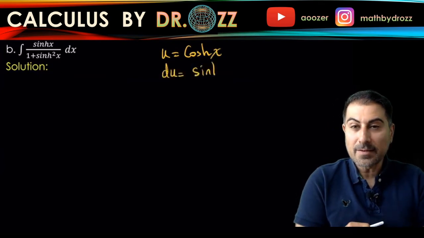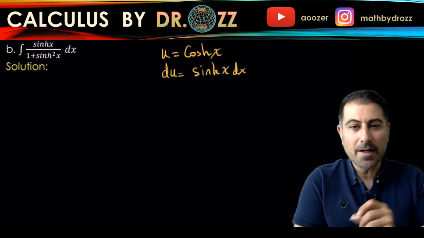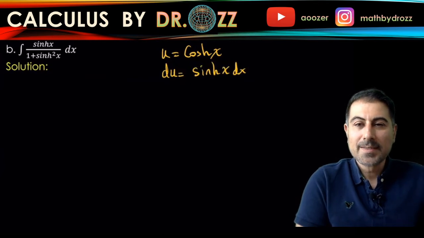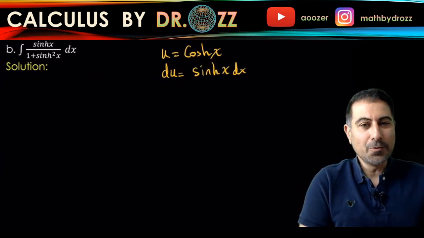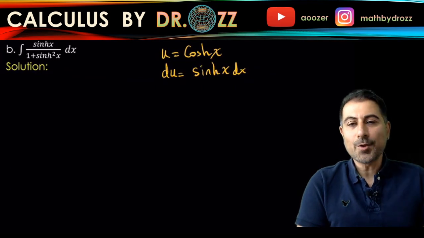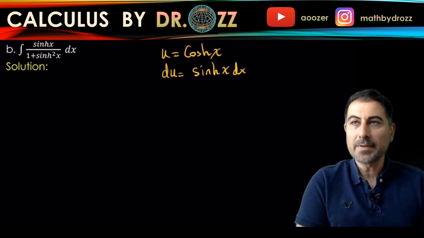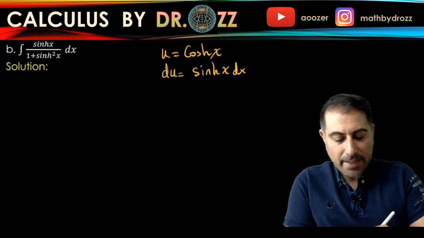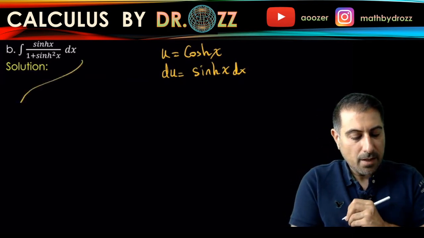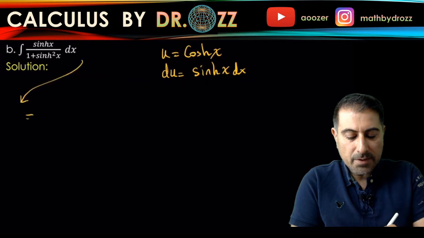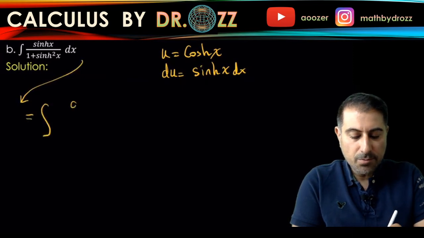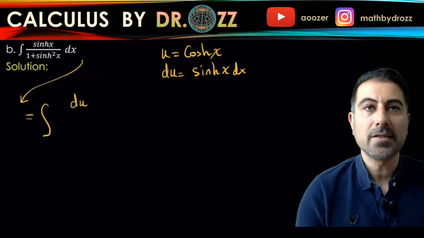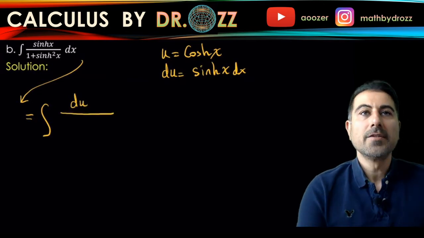You may think that you should be calling sine hyperbolic x to be u to start with, but then at the top you have another sine hyperbolic x. That's going to complicate things. So let's go in this direction and see what is going to happen here. First of all, the top is completely equal to du, because sine hyperbolic x dx is just du.